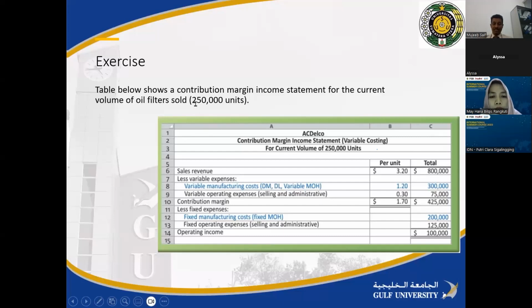The current production is 250,000 units. We produce these units, right? So this is the information related to production of 250,000 units of oil filters, right? The sales price for each unit of oil filters is $3.2. And to produce any product, you have to pay variable cost and fixed cost.